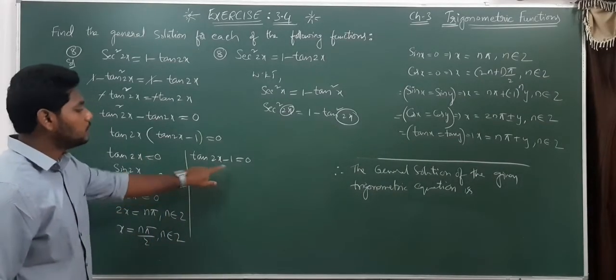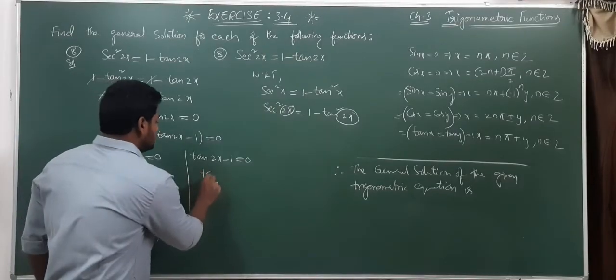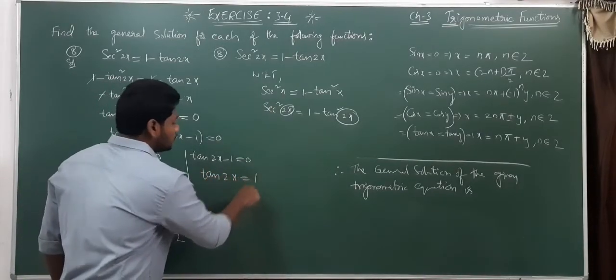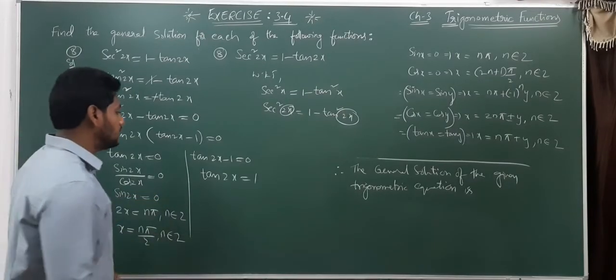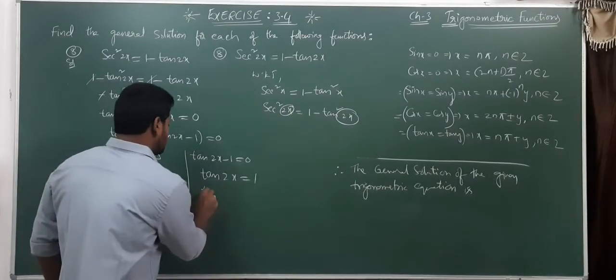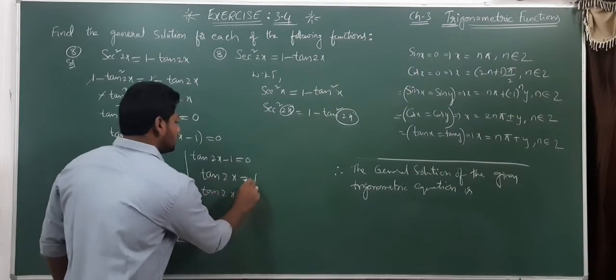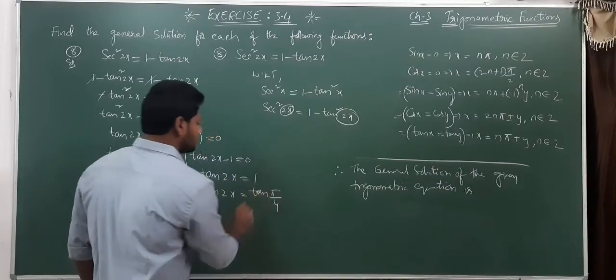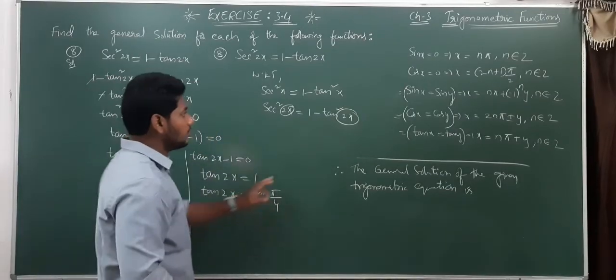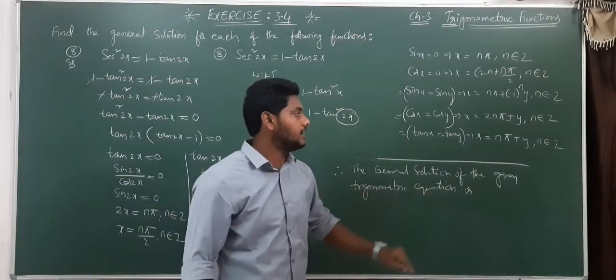Next, tan 2x minus 1 equal to 0. This we will write as tan 2x equal to 1. So we cannot apply it like this. What we need to do is write 1 in terms of tan as tan pi by 4. So now this is in the form of the formula tan x equal to tan y.